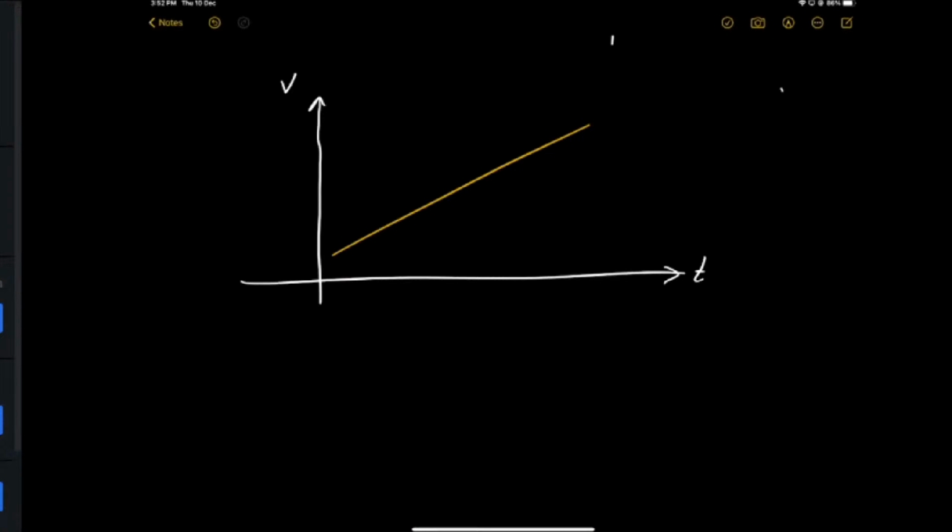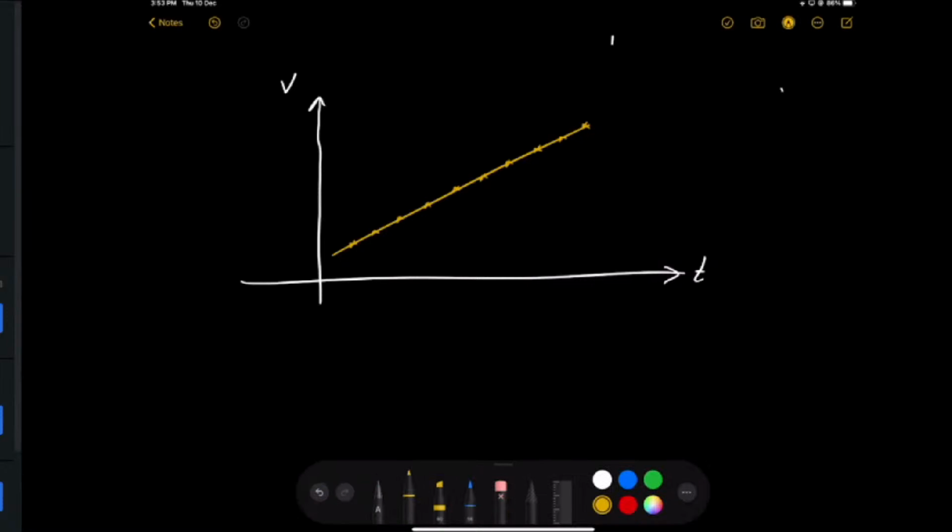Straight line signifies constant slope. That means slope of this graph is constant everywhere. What is the slope of velocity time graph? It's acceleration. I'll write slope is A. Now if slope of velocity time graph is constant, acceleration is constant. Correct?